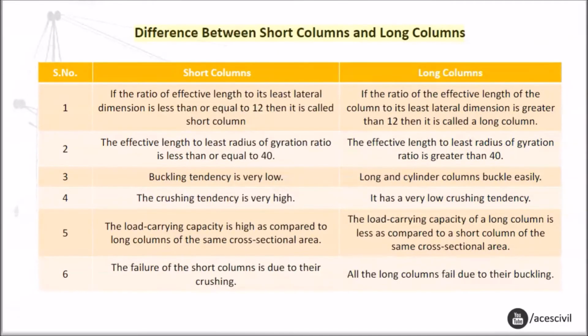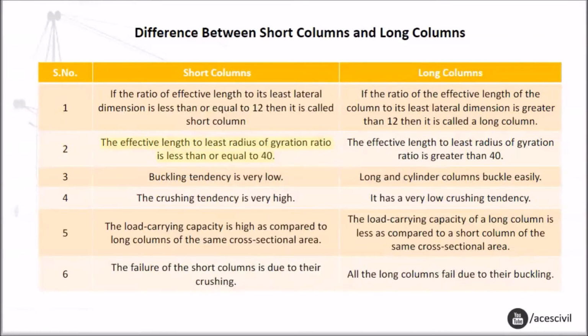Difference between short columns and long columns. Number 1. If the ratio of effective length to its least lateral dimension is less than or equal to 12, then it is called short column. If the ratio of the effective length of the column to its least lateral dimension is greater than 12, then it is called a long column. 2.